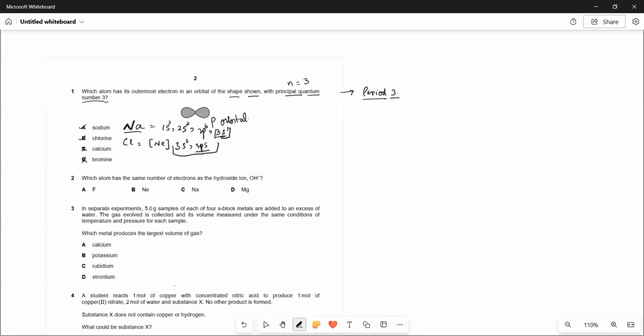So which option out of these two? That should be chlorine. Another way is also we can look at these two. Sodium is in group 1. So group 1 and group 2 are called s block elements, isn't it?